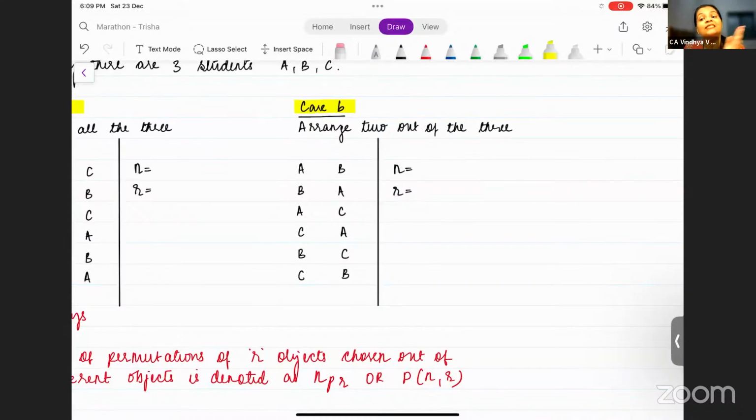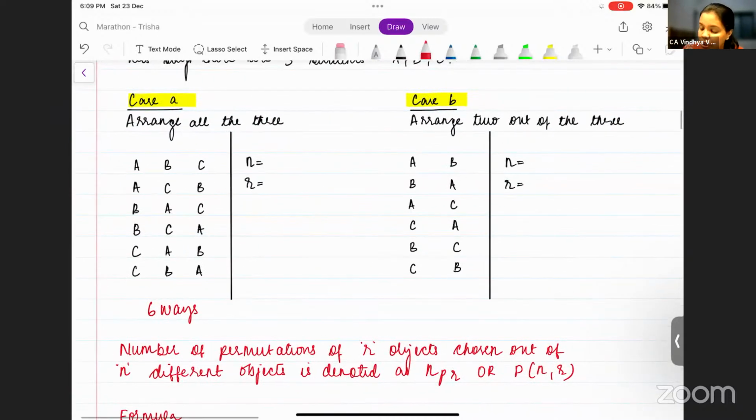If you consider A, C, you can consider AC as well as CA. If you consider B and C as the persons, you can consider BC as well as CB. So here also you get 6 ways. Okay. It's a mere coincidence that we're getting 6 in both the answers. It's not the case everywhere.